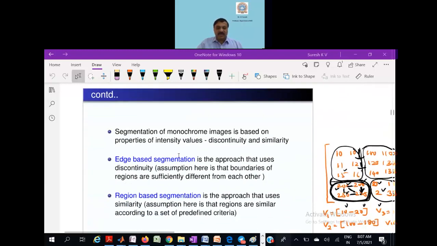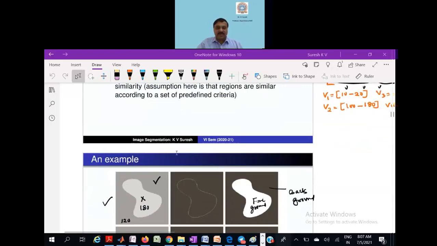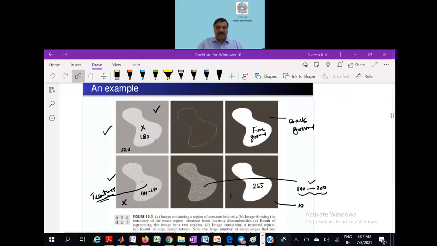So this is what we discussed in the last class, and we also discussed the difference between edge-based segmentation and region-based segmentation. Two examples, one for an edge-based condition and another for a region-based condition, were discussed. What you notice here is that if the region is smooth, then edge-based segmentation will definitely help me separate them into foreground and background.